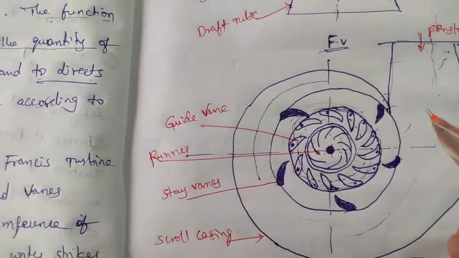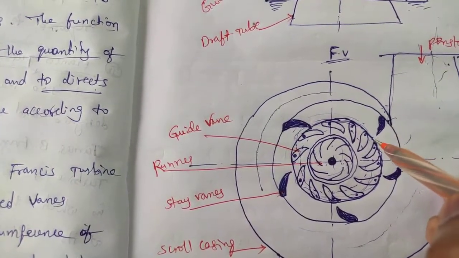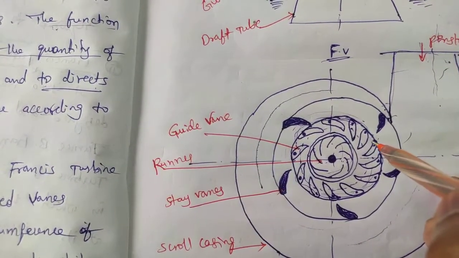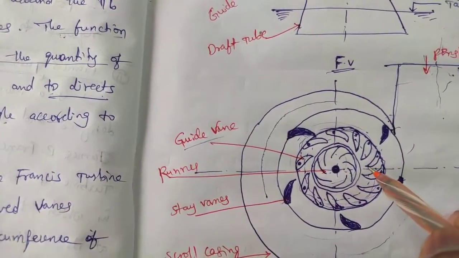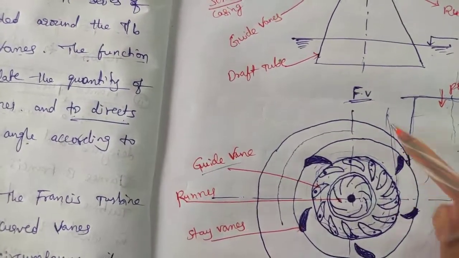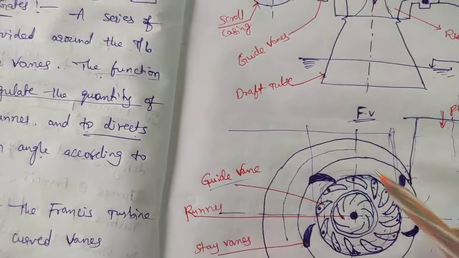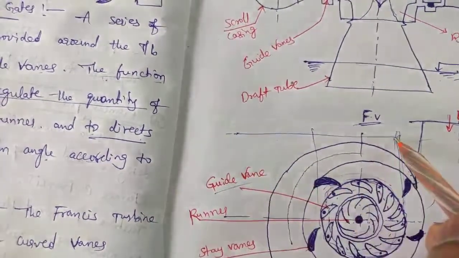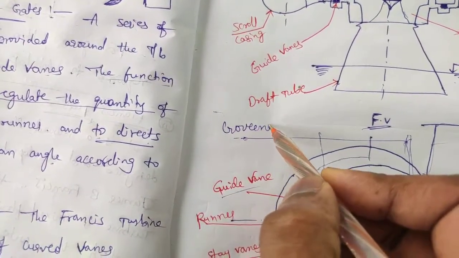So we can change the direction of the guide vane also. Here is another mechanism, like this, using levers. These levers are connected to the governor.